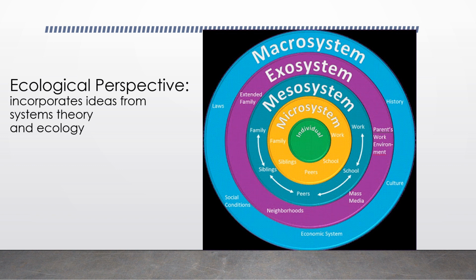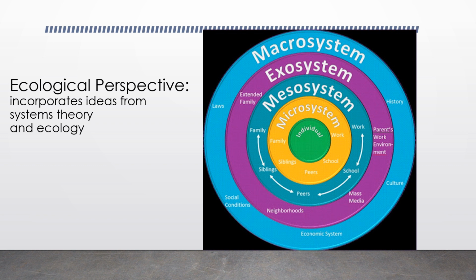So the ecological perspective, as its name implies, was really developed from key ideas in ecology. And these ideas were that organisms interact with each other in their environment. They interact with all aspects of their environment.